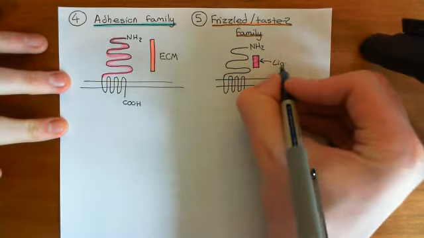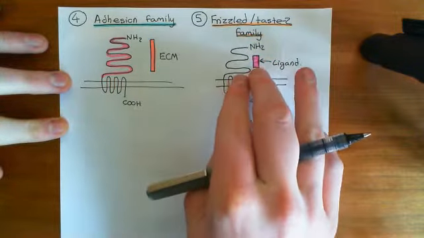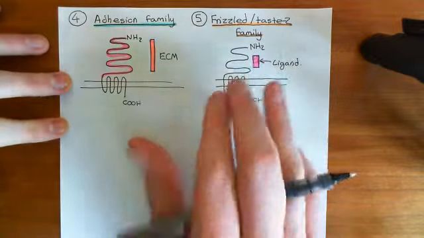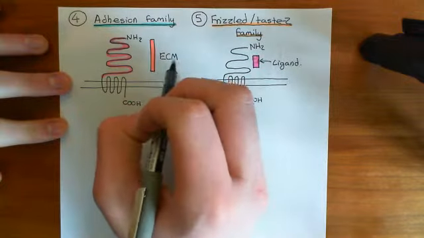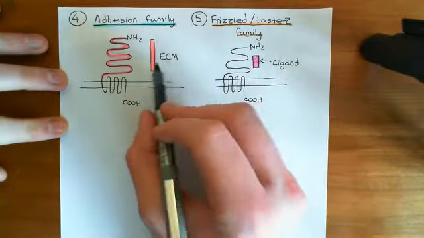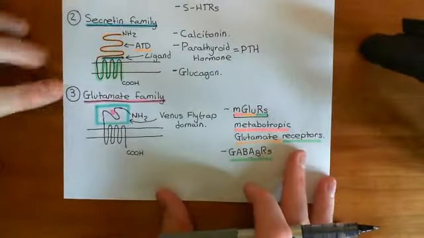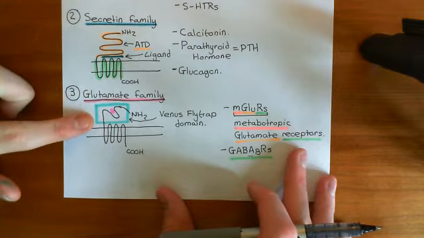Now it basically binds to the amino terminal domain, but you don't have any of the fancy things that we had before. So firstly, it's not an adhesion family G-protein coupled receptor because we're binding to a free ligand, not a component of the extracellular matrix. It's not going to be a glutamate family G-protein coupled receptor because we're not going to have a venus flytrap domain.